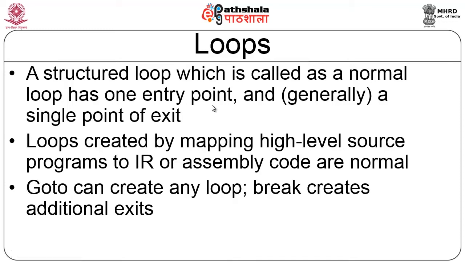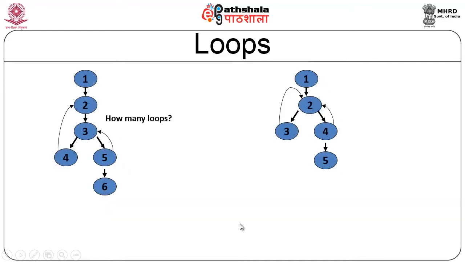So, if you have an unconditional jump like goto, that may create additional loops, and a break can lead to multiple exit points. So, a break or a continue or a goto will result in creating multiple entry or multiple exit points. That should basically be identified.